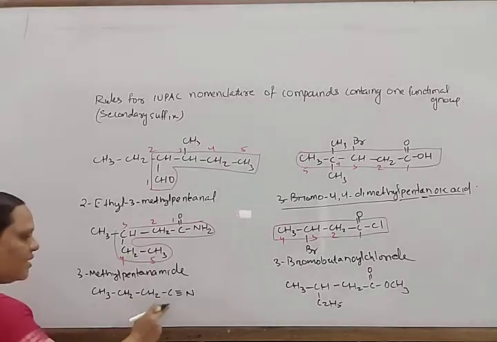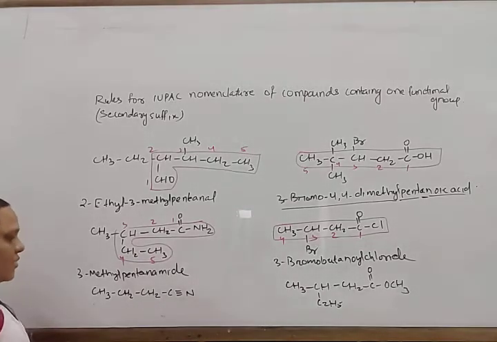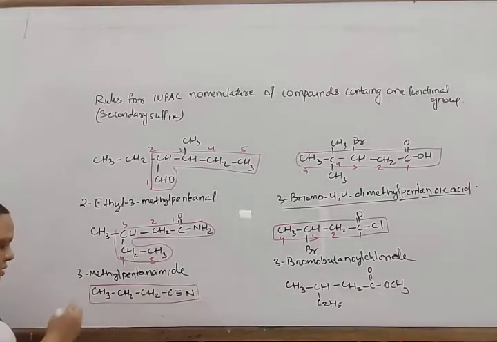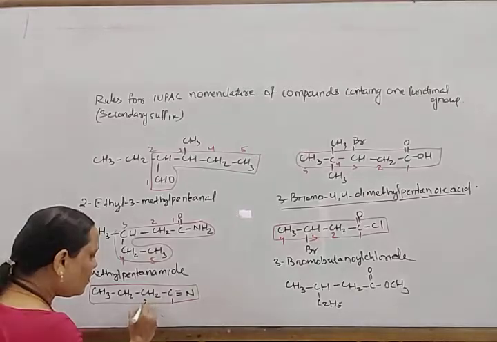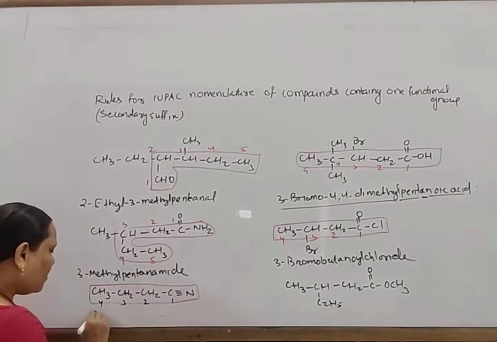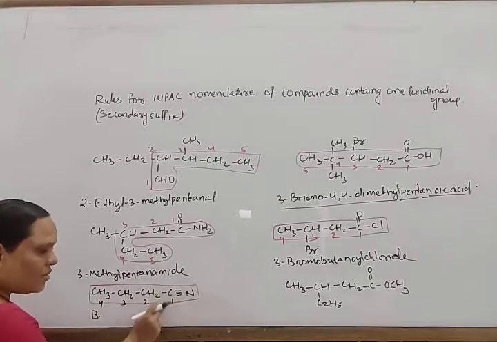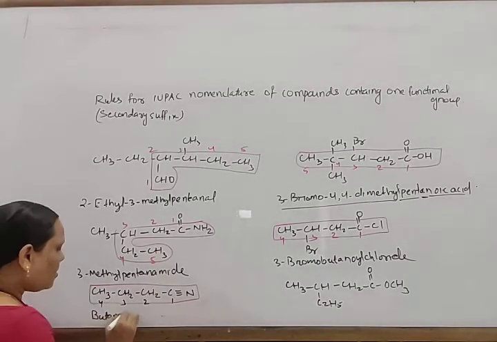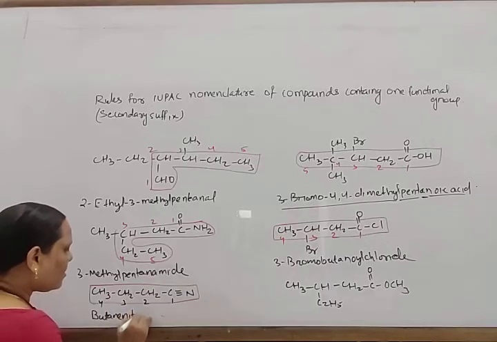Then come to here. Here cyanide is there, CN group is there, and this is the long chain containing this functional group. The numbering from here is 1, 2, 3, 4. So this is butane, word root, and this carbon is also counted in this way: butane nitrile.